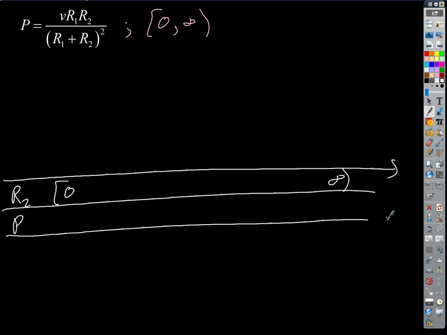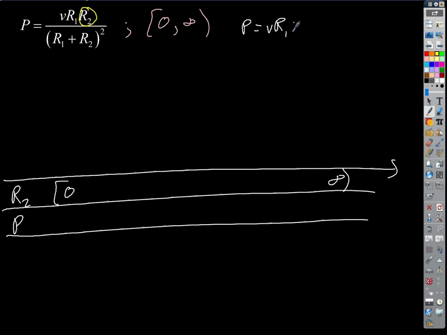Yeah. Right? So if we're going to differentiate this, keeping in mind that this is our variable, right? Everything else is constant. Okay, so what do? Differentiate. How do I do that? Tell me, what am I doing here to differentiate? Okay, I could use the product rule. It might be easier if I rewrote this as P equals V R1.